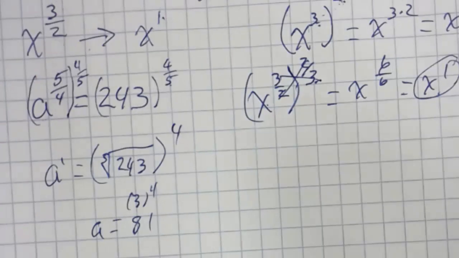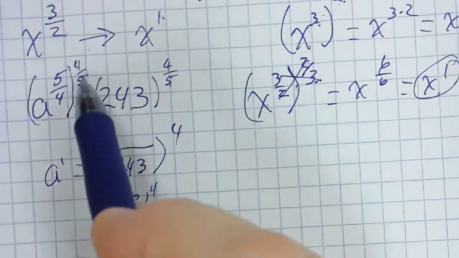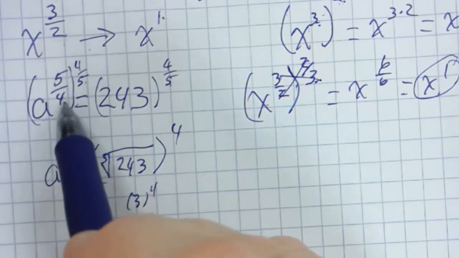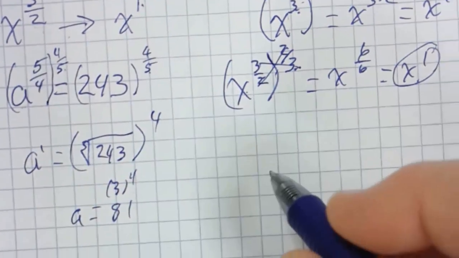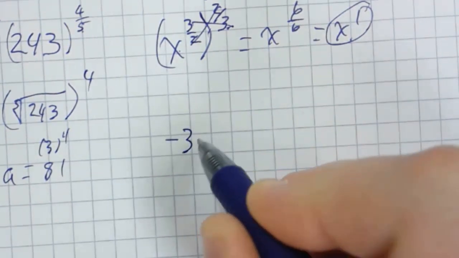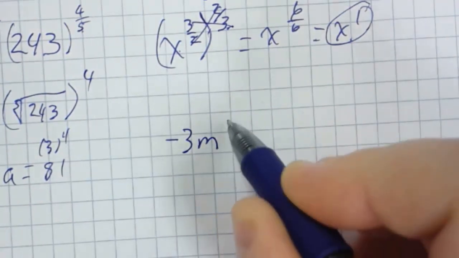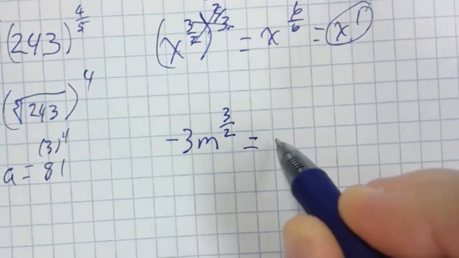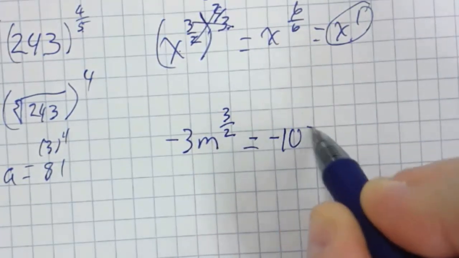But the key to this is, before you raise to any reciprocal exponents, the exponent component must be by itself. Let me give you a little example of that. Let's say we have negative 3m to the 3/2 power, and that equals negative 1029.